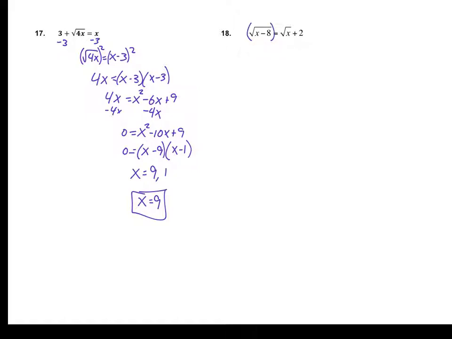Number 18, we're going to square both sides. So x minus 8 equals square root of x plus 2 times the square root of x plus 2.